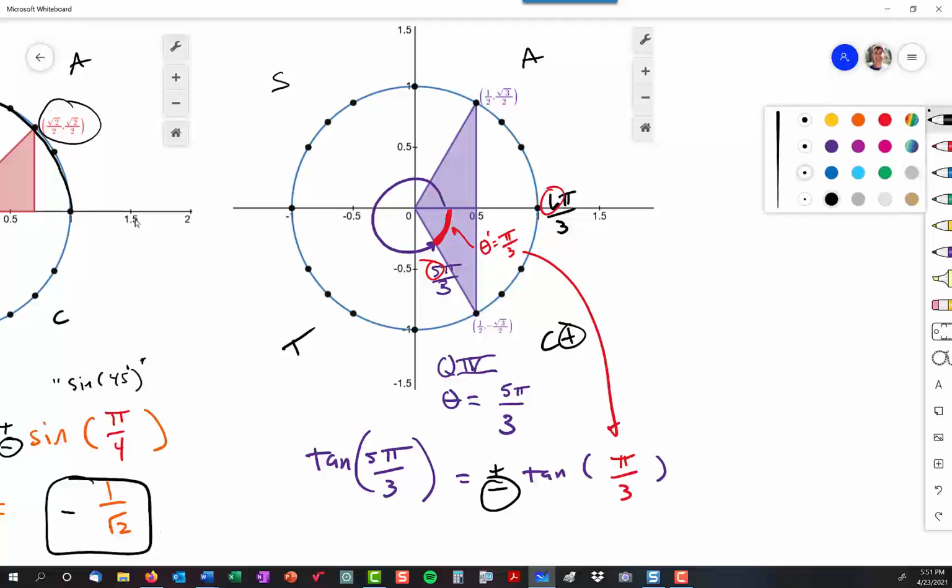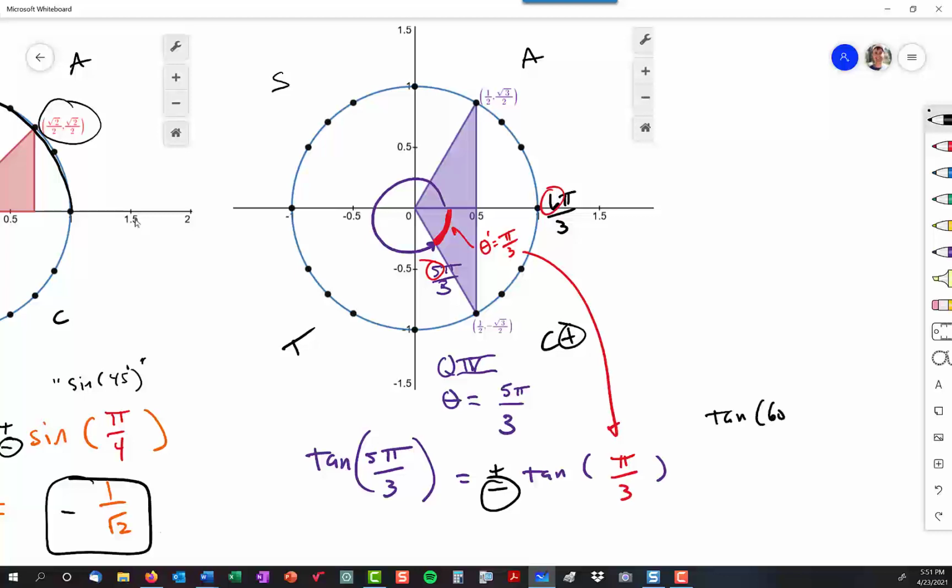Now you should be thinking in your mind, oh wait, pi thirds, that's the same as 60 degrees. So I have to do tangent of 60 or pi thirds. And it's negative, so this problem is going to equal negative, and the tan of 60 is the square root of 3 over 1, which we don't need. There's the final answer. So we've memorized the tangent of 60, that's square root of 3, so that's the tangent of pi thirds.